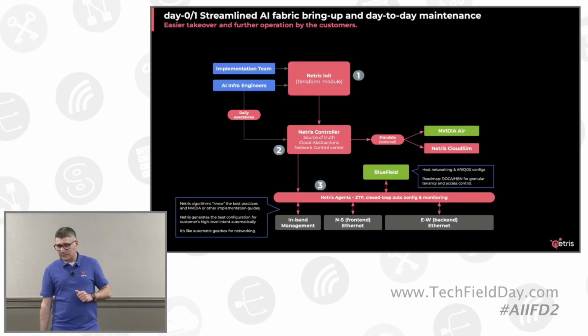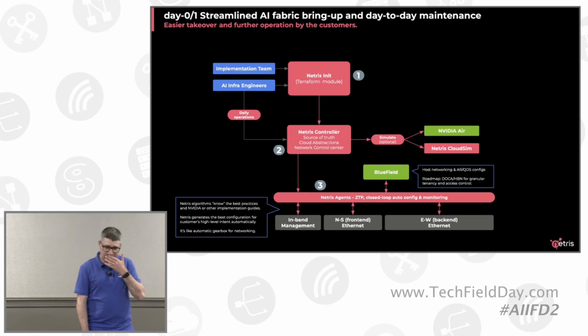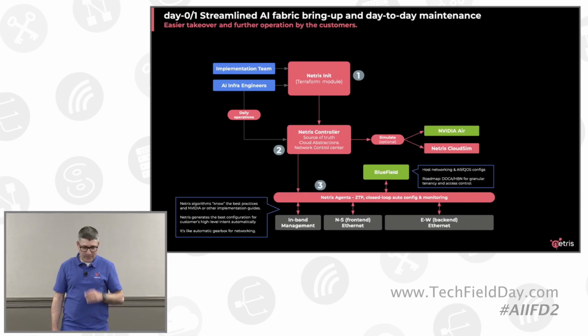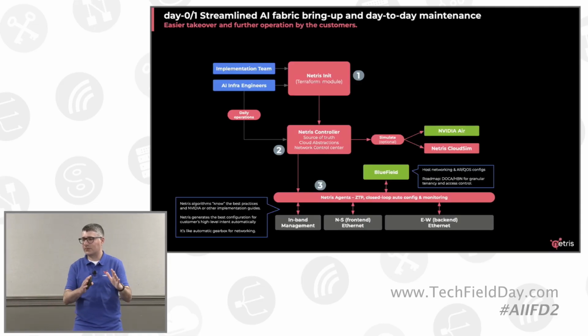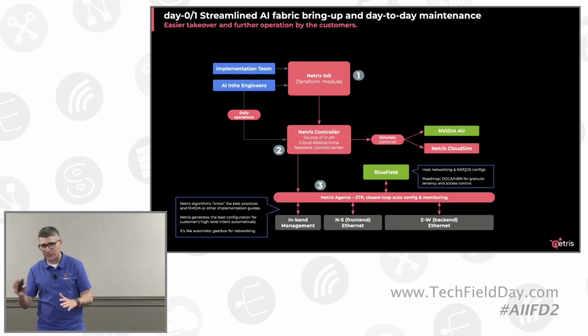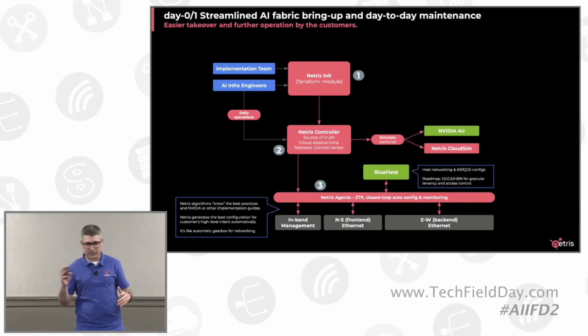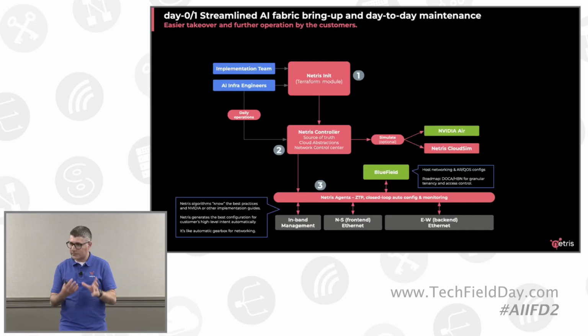Now, on day 0, day 1, what happens? First step in the data center. In data center, first comes network. You need network to be there to be able to install compute and storage, etc. And how do we bring that network up? So Netris Controller comes first because it is source of truth.